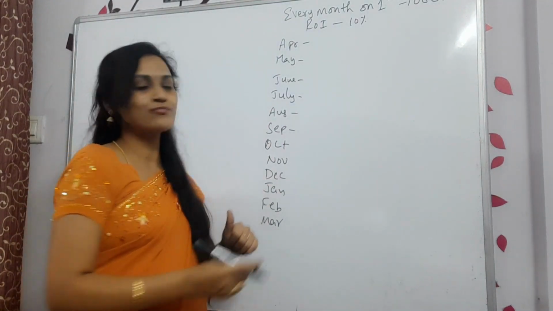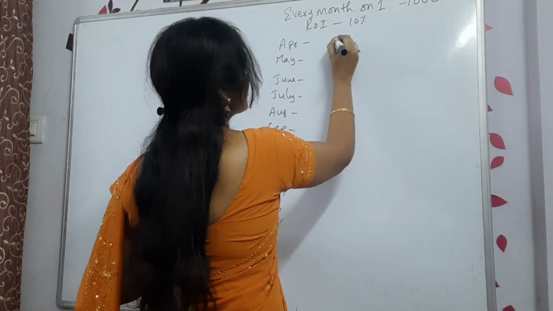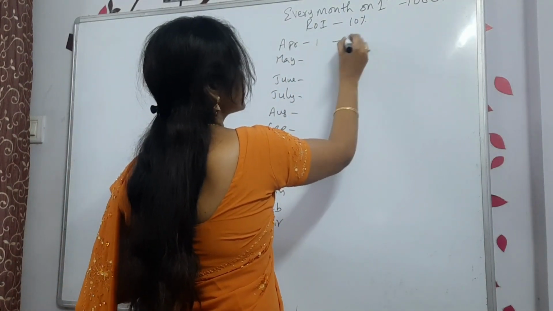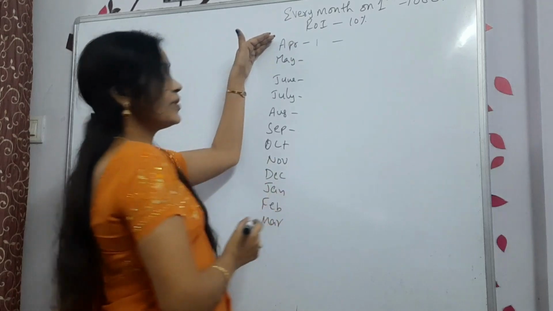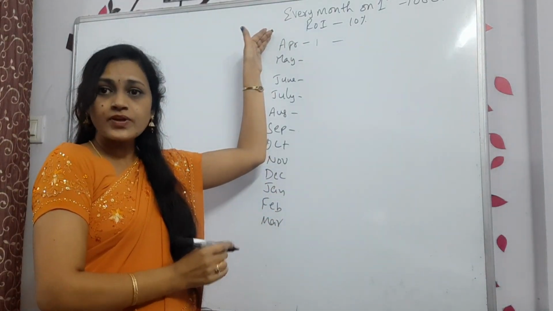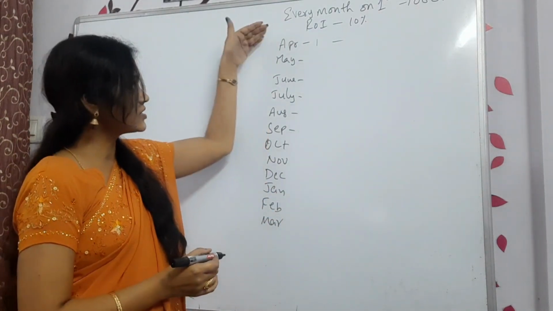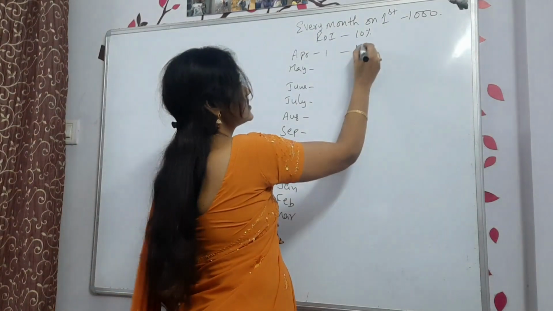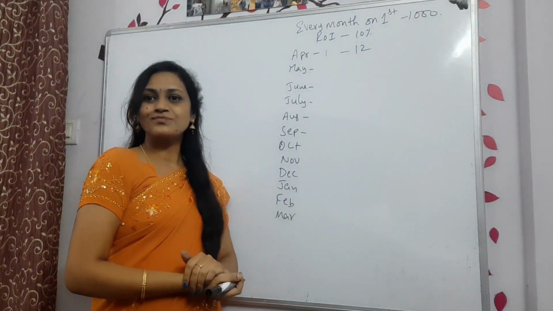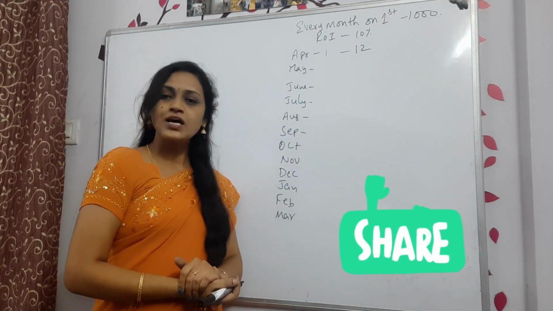These are the months we have, right? So on April 1st you have withdrawn 1000 rupees. Now you will be paying interest for the whole year, that is, we used this amount for 12 months.